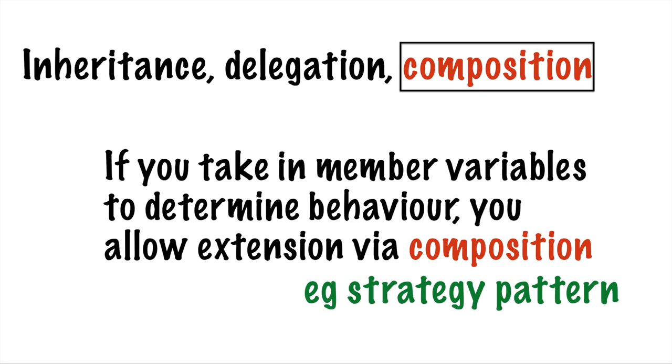The client code can then specify an implementation of that interface. And then your code will use whatever is passed in, the member variable that's passed in, in order to determine its own behavior. This is called composition. And a perfect example of this is the strategy pattern, and more broadly, dependency injection, which has become increasingly common and popular.